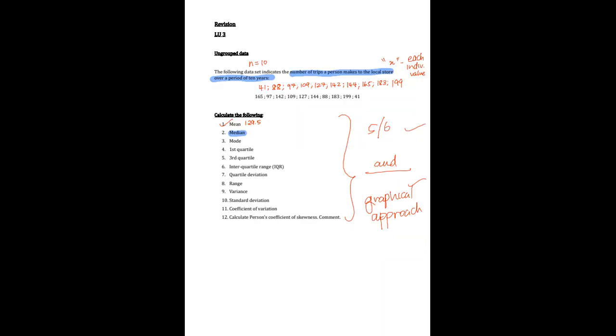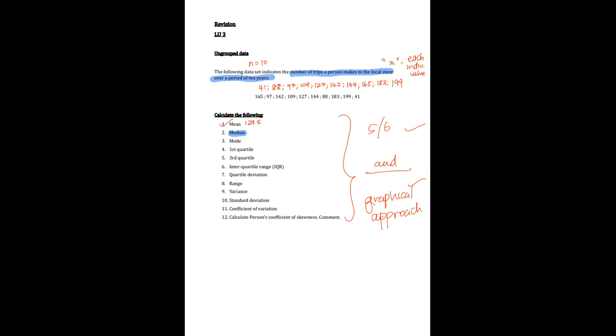Okay, and then they will give you which one you need to do. So you're not going to be able to choose between a bar chart or a pie chart. They will specifically say to you in that question, draw up a bar chart based on this information or draw up a pie chart based on this information. So there's not a choice between which diagram you're drawing up either.